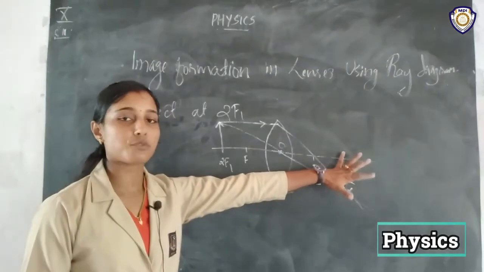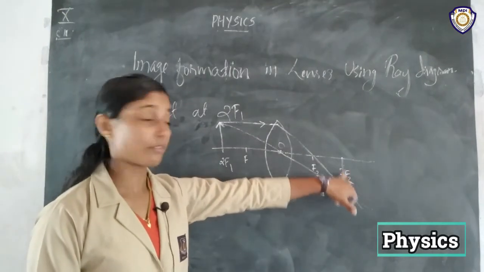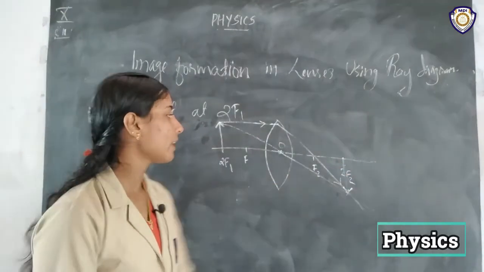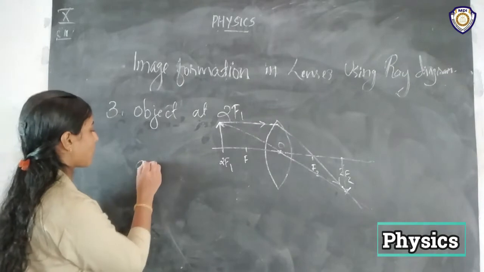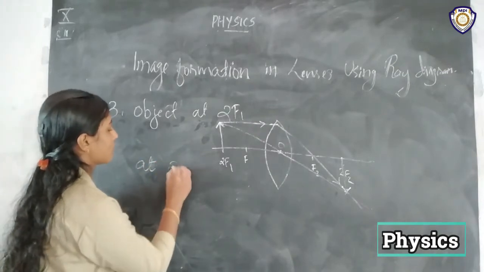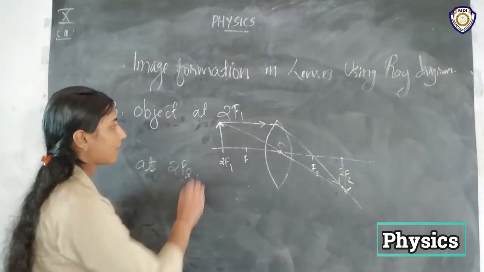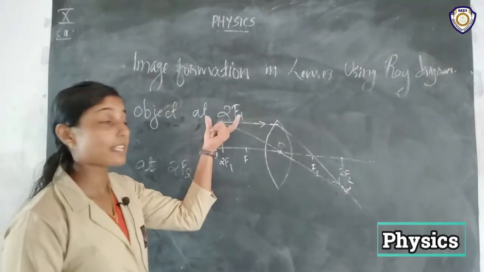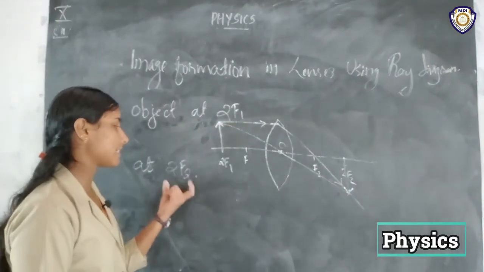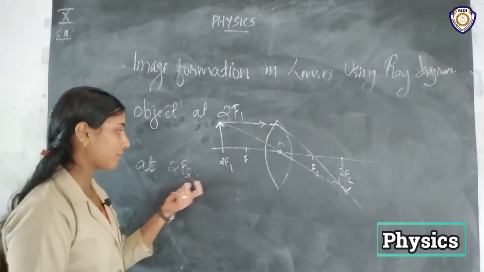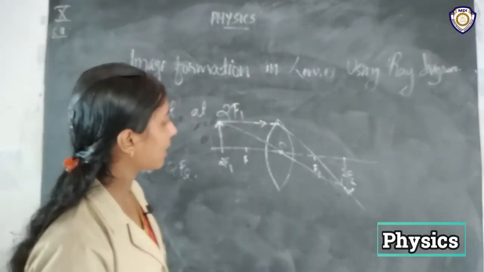That means the image is formed at 2F2. The object is at 2F1, and the image is formed at 2F2. And what is the size of the image?